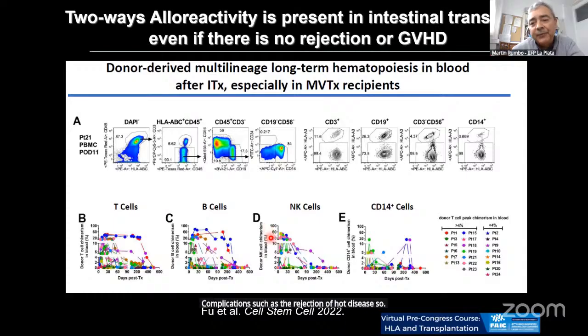So, in the case of either lymphoid or myeloid cells, we can have this.